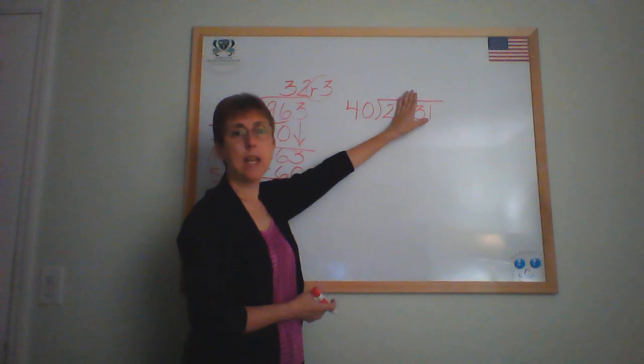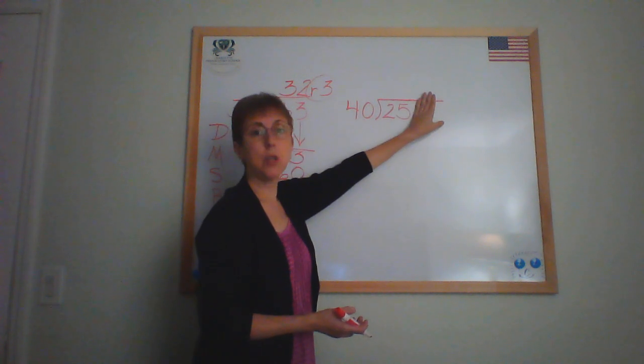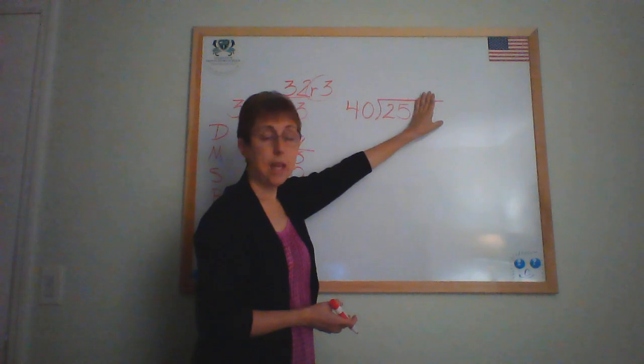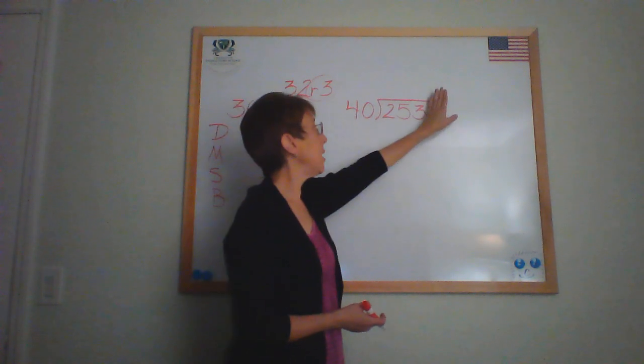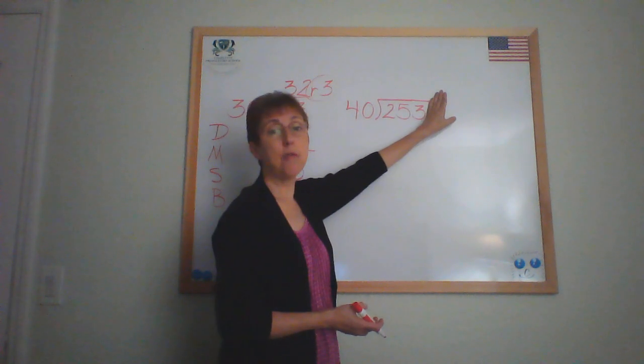Okay, we can't say 2 divided by 40, so that's not it. So we move over, a 2-digit number, 25 divided by 40. We can't do that. So we move to see if we can do the 3-digit. 253 divided by 40, yes, that we can do.